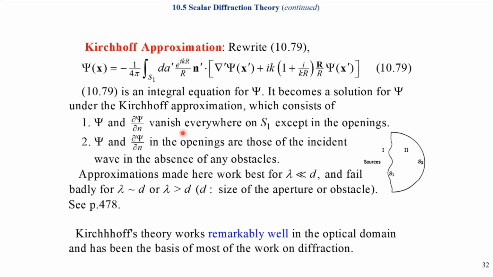The approximations work best for wavelength small compared to the opening. That is, if we have a big opening, with or without this opening, no difference. The wave will be exactly the same as the incident wave. In other regions, except for the holes or apertures, no contribution at all. So the Kirchhoff approximation is good.